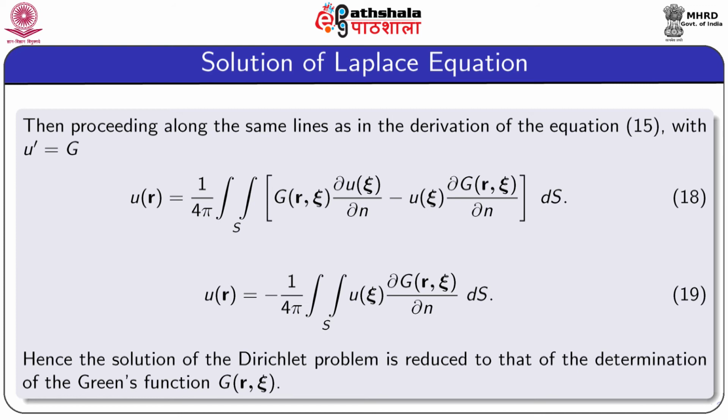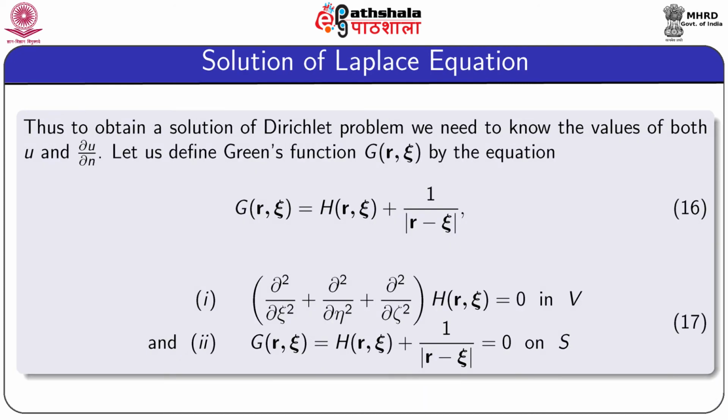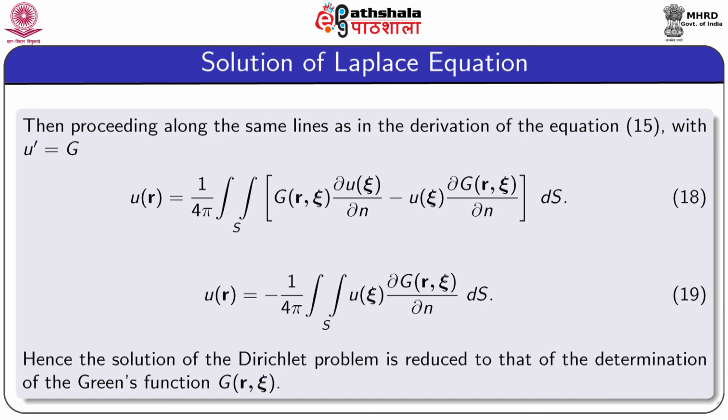Now, in the preceding section, if we substitute u dash by the Green's function G, then the value of u at r can be written in the form you can see in equation number 18. This G is not any arbitrary function, it will satisfy some conditions written in equations 16 and 17, and it is also given that G is 0 on S. If we use that condition, equation 18 reduces to the form of equation 19.